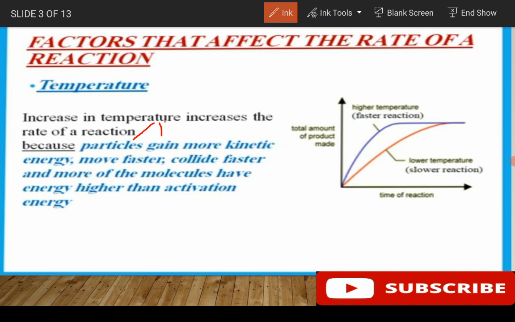Secondly, because particles gain more kinetic energy, that's another mark. Causing the particles to move faster, that's also another mark. And therefore collide faster, and more of the molecules have energy higher than activation energy.